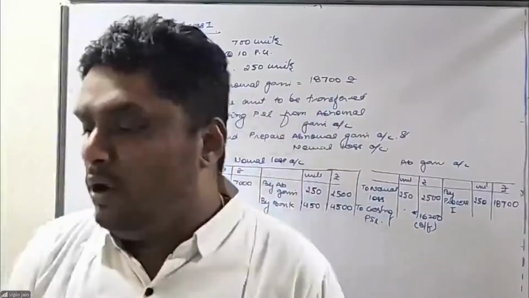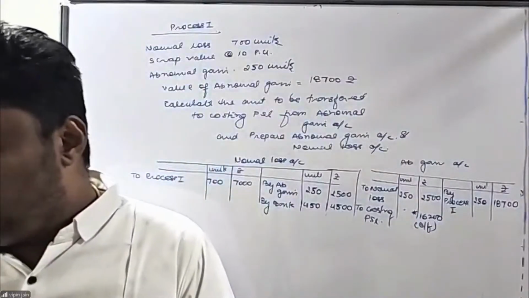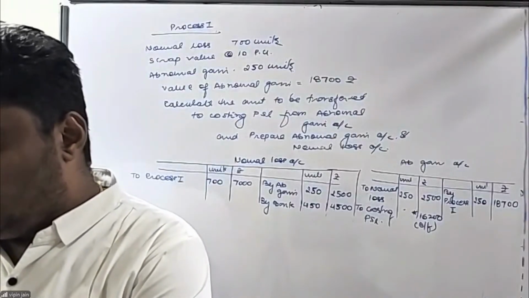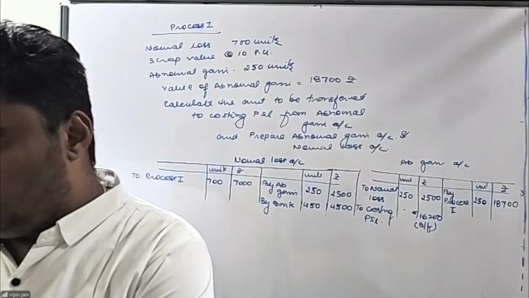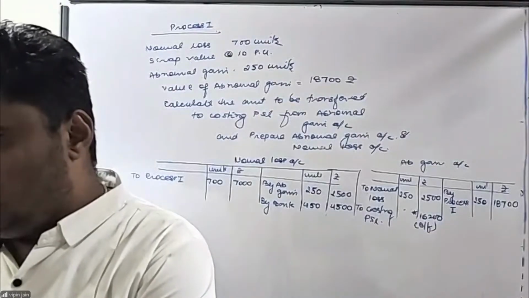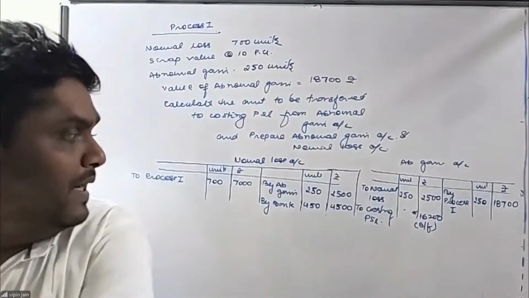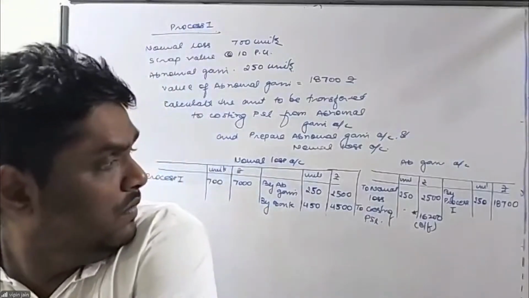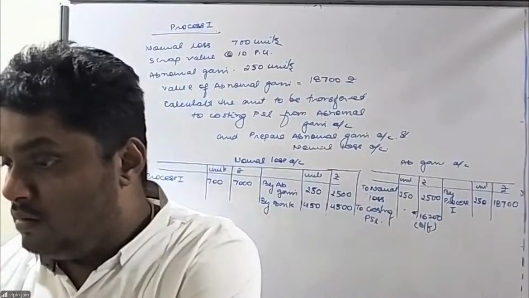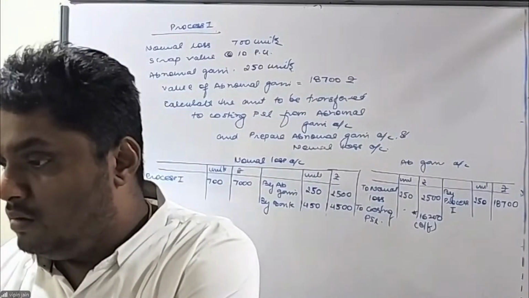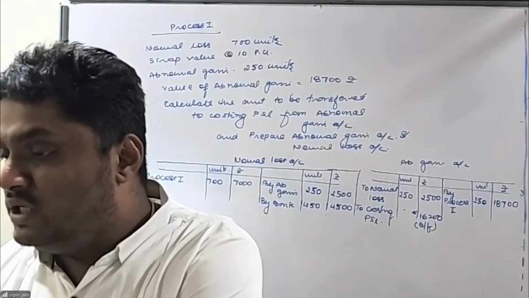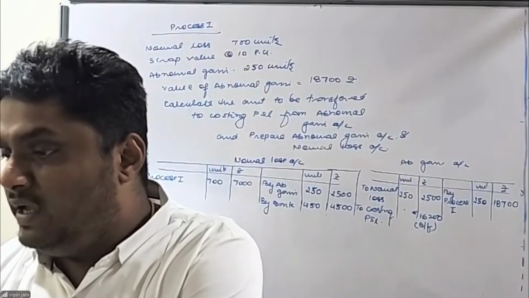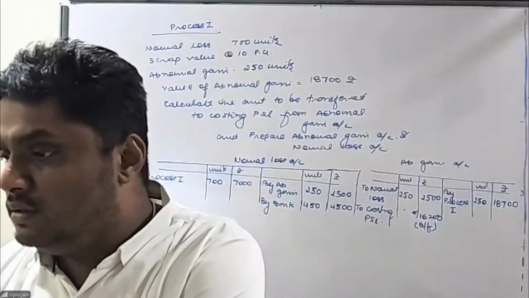So this is how normal loss and abnormal gain account will be prepared. Mahalakshmi, please check your answer. In normal loss account, there will be no costing P&L. Good Anjali, good Kasak. Pranav, good. Hardik, very good. Deepak, correct answer.